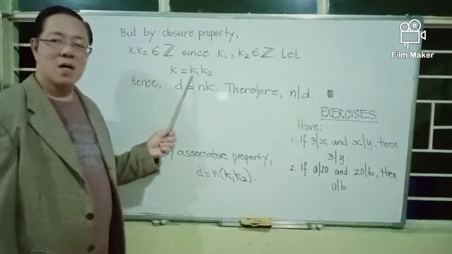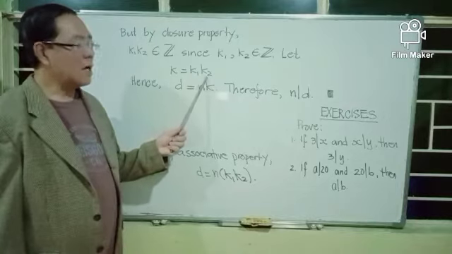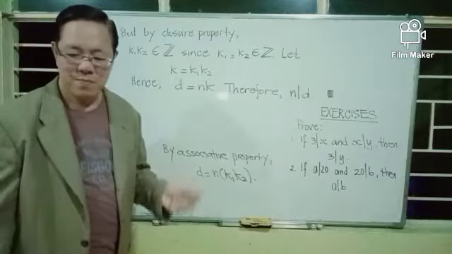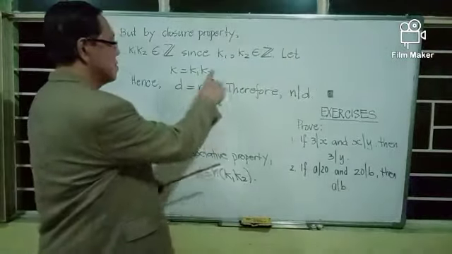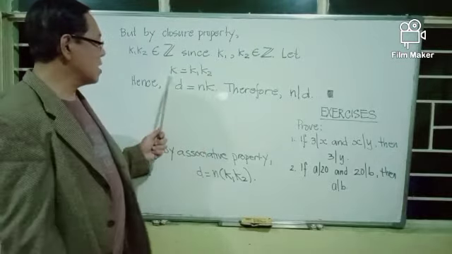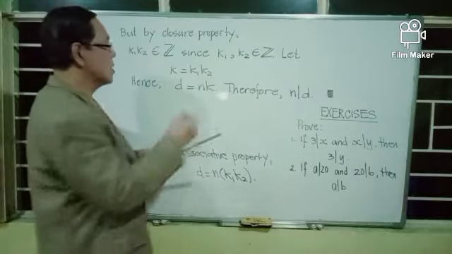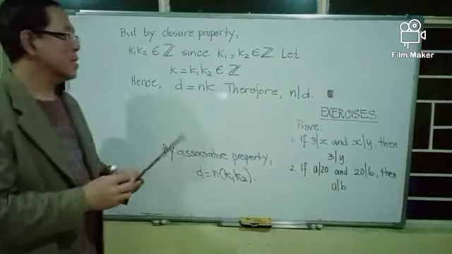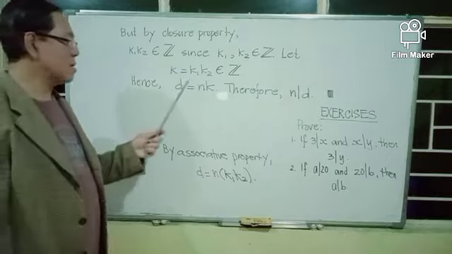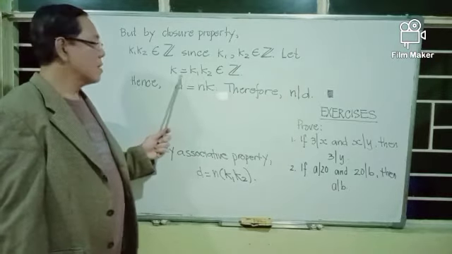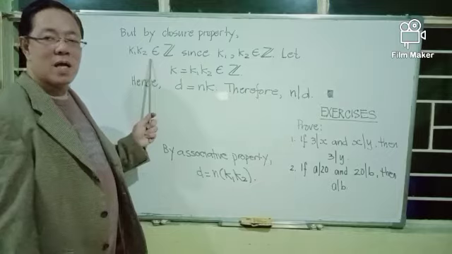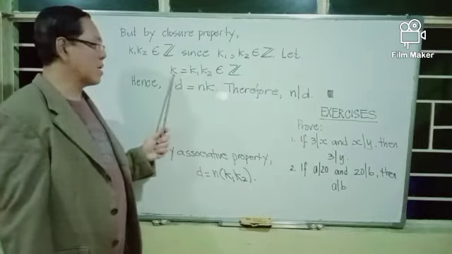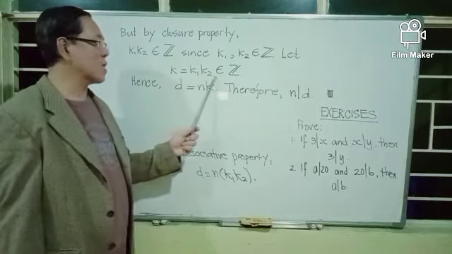It is the product of k1 and k2, which is an element of Z. We specify k equals k1 times k2 is an element of Z. Again, we let the product k1 times k2 be equal to k. Since k1 and k2 are elements of Z, then k is an element of Z, and k in particular is equal to k1 times k2.